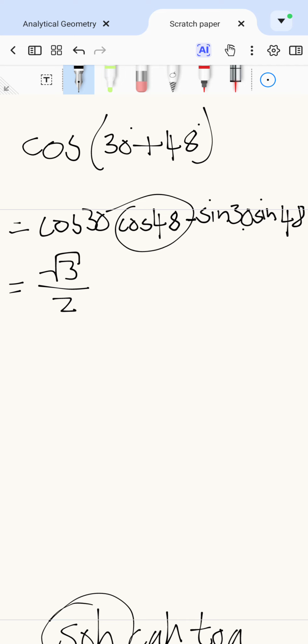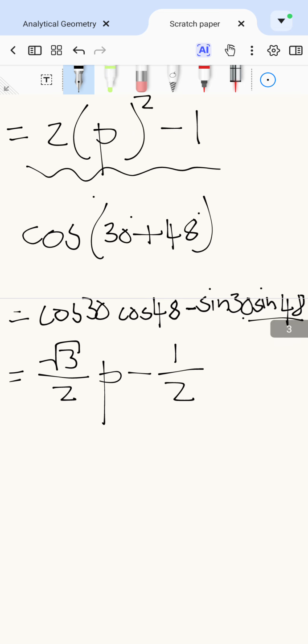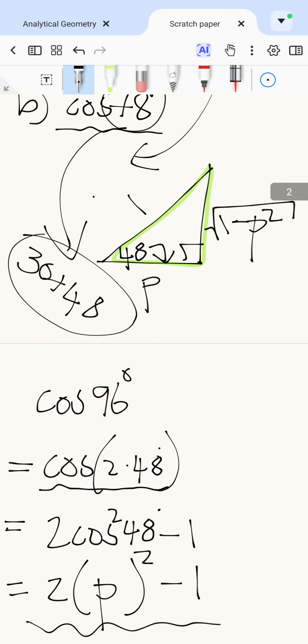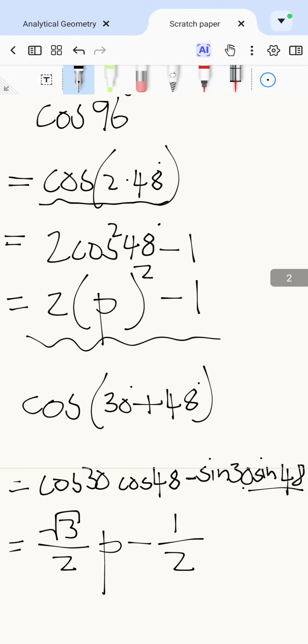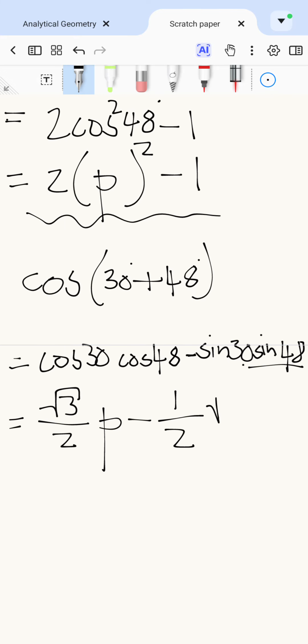Cos of 48 we had from the question. So that's going to be P minus sine of 30 we found from our triangle to be a half, and sine of 48, okay, we're going to need to go look back at our triangle that we made. So here's 48. Sine is opposite over hypotenuse, so it's going to be square root 1 minus p squared over 1. Over 1 is not necessary there.